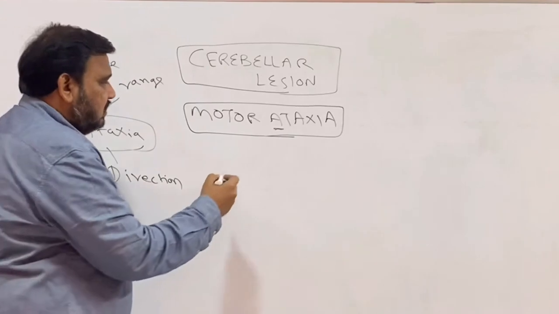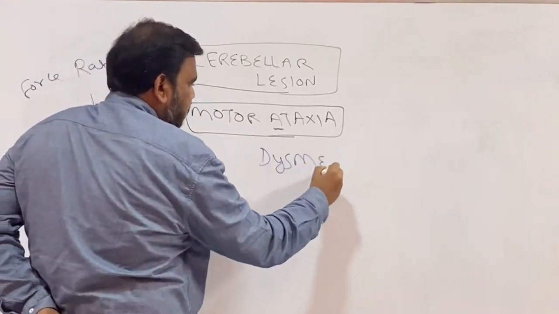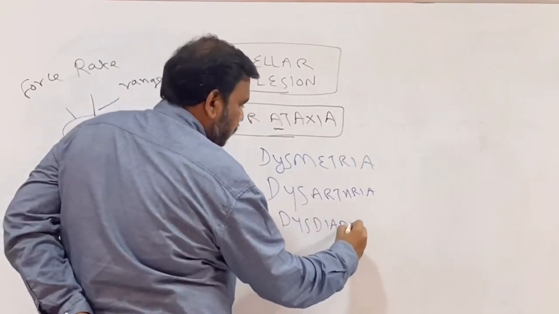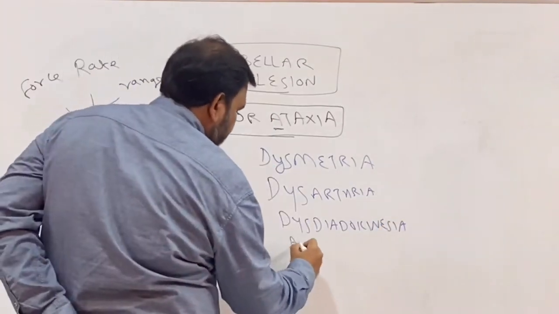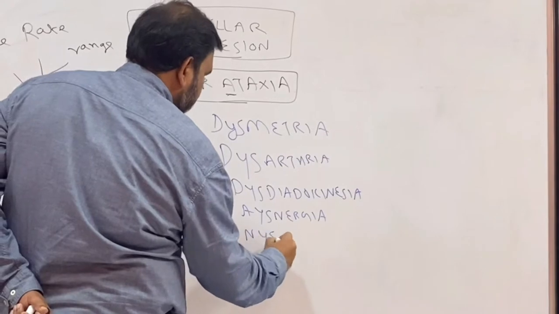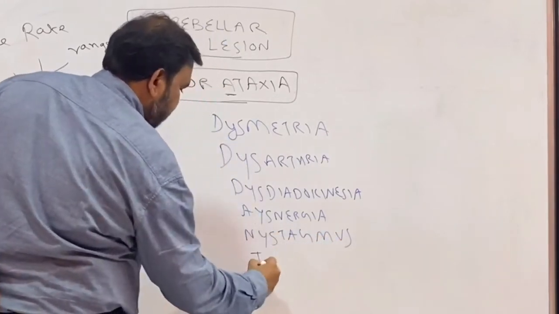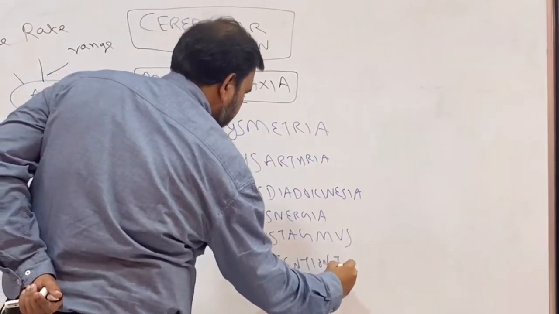I will just write: dysmetria, dysdiadokinesia, asynergia, nystagmus, intention tremor, just now you saw. Don't worry, I will explain one by one.